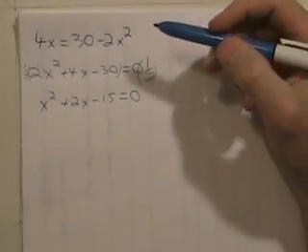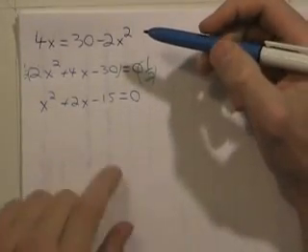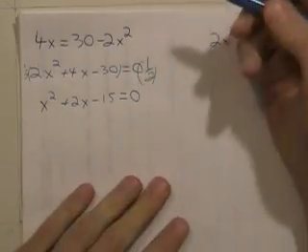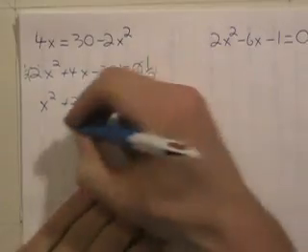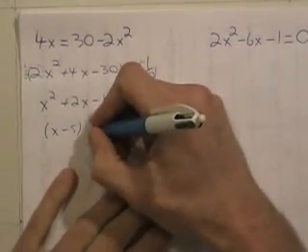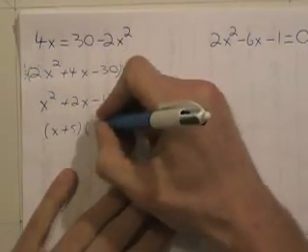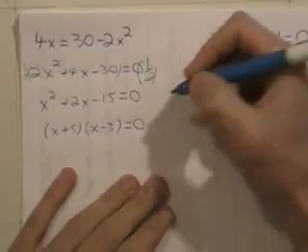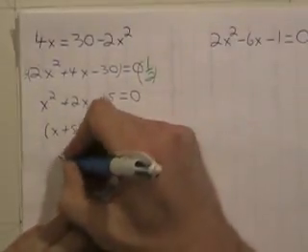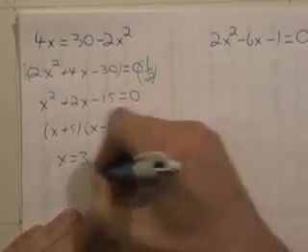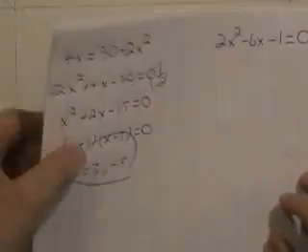Are there two numbers that add to 2 but multiply to negative 15? And it is factorable, so this one will be x minus 3 times x plus 5 equals 0, and so that means that x equals 3 or minus 5, and that's number 1.